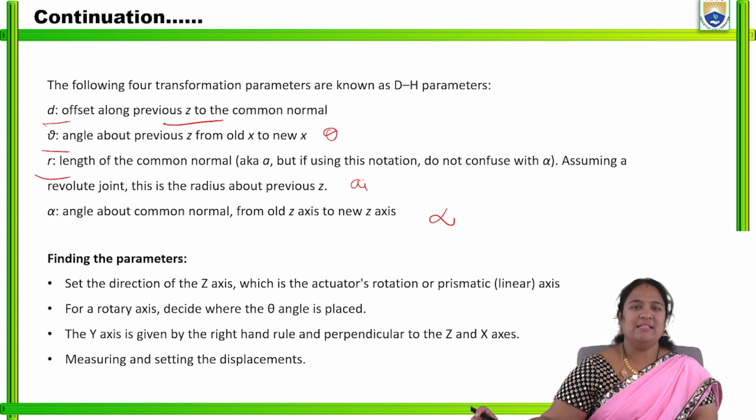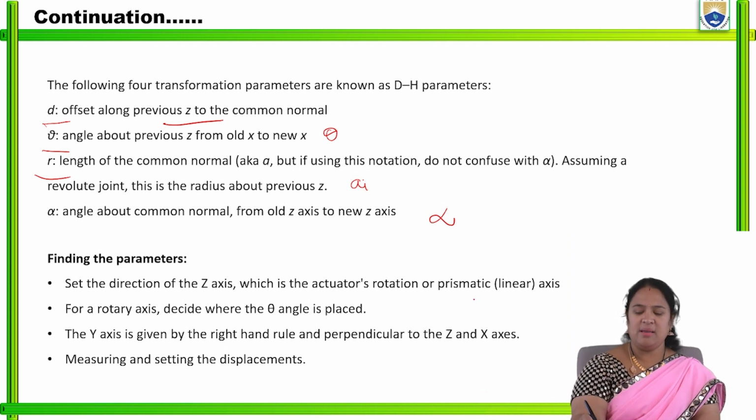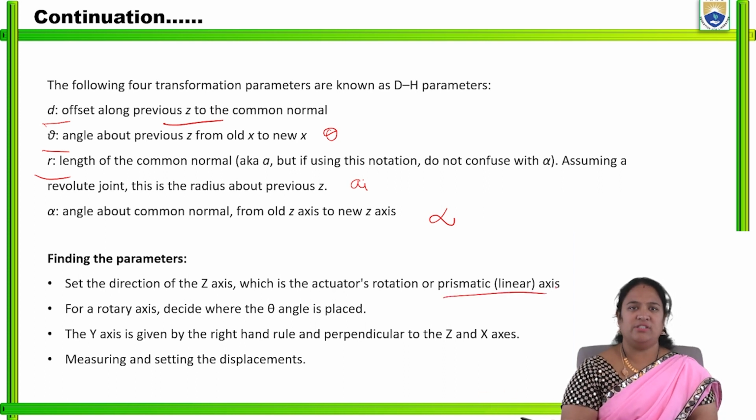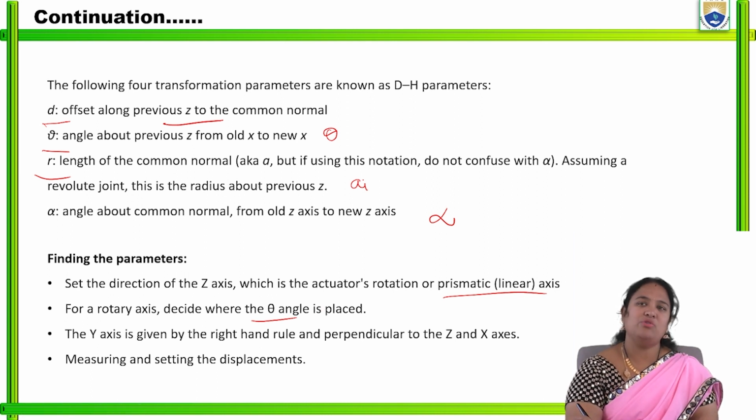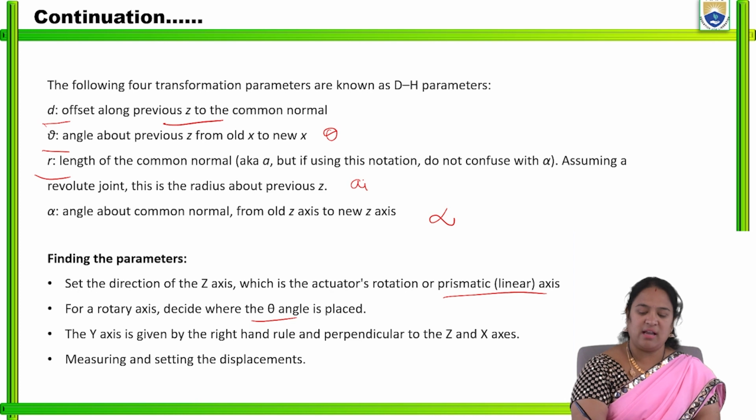We will be setting the z-axis direction, which is the actuator rotation or the prismatic axis motion. Next, for a rotational axis, we decide where the theta angle will be placed. So here we have two types of axes which we consider. One is prismatic and one is rotational.